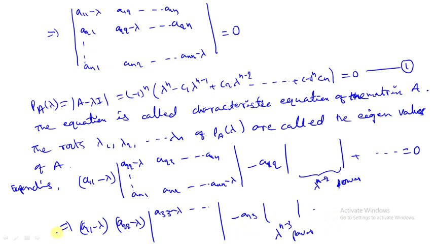Now what I am saying, that means when you are expanding this one, only this diagonal elements. Next we are getting another diagonal element. Only the diagonal elements have lambda power n and lambda power n minus 1.